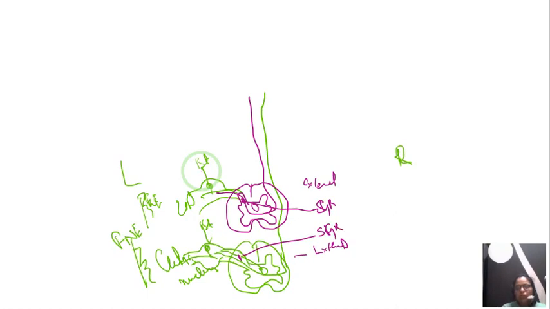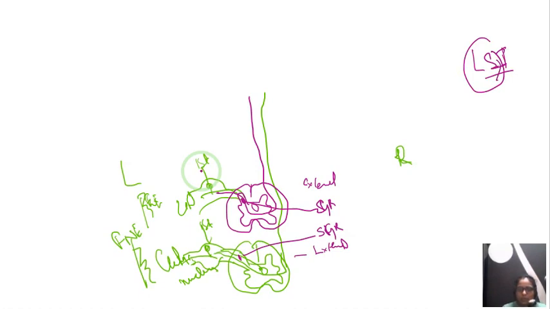Fine. Now if it ascends upwards, what is the destination of it? We have seen it is the lateral spinothalamic tract. So first is lateral, so it comes into the lateral side and it is running from the spinal cord. So lateral spino and termination is your thalamus. Fine.